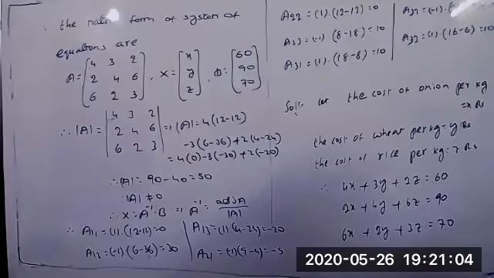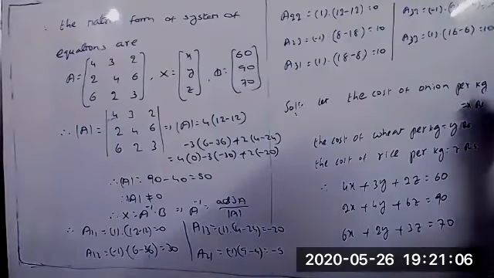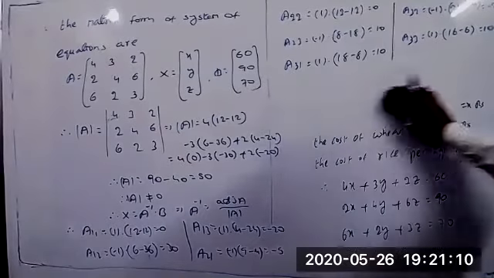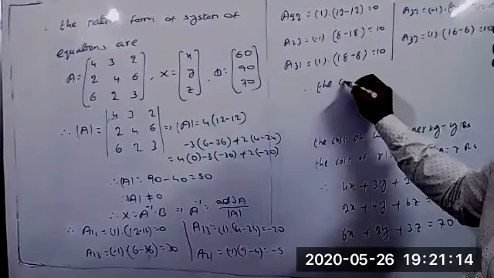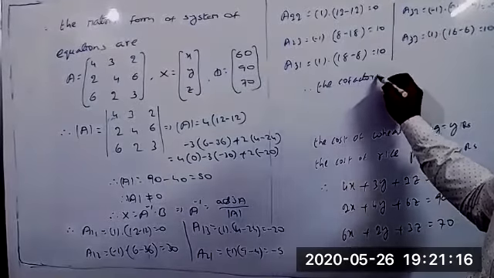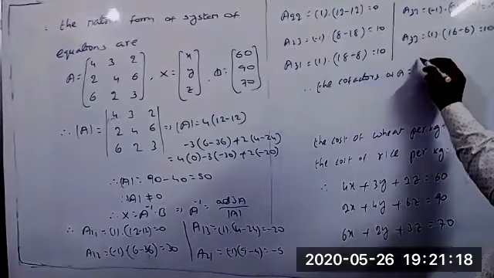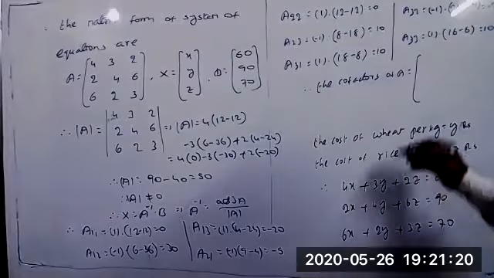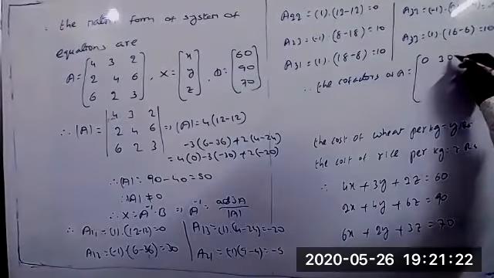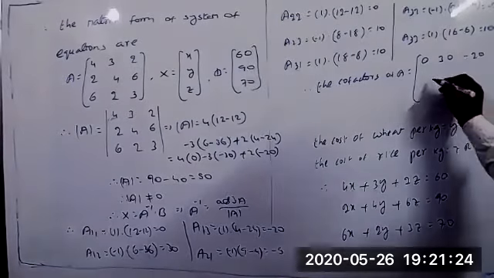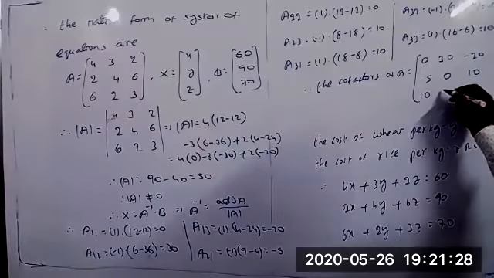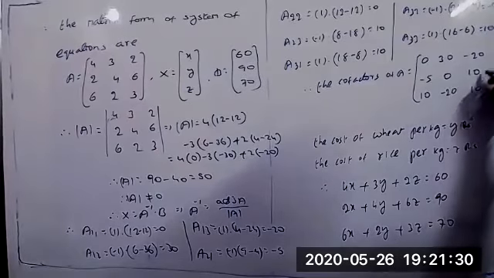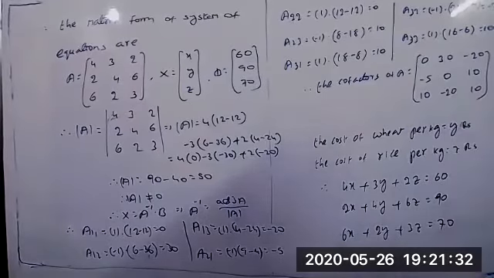So these are the cofactors of the matrix A. The cofactors of A are 0, 30, minus 20, and minus 5, 0, 10, and 10, minus 20, 10.